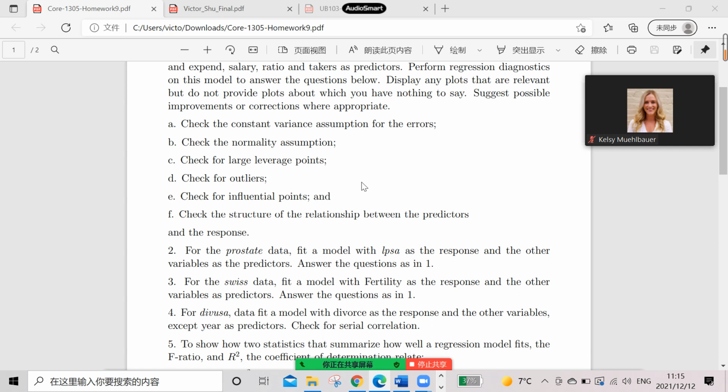There's also a problem about the t-test, but I find that a large portion of you didn't do the t-test by yourself, but instead put all the data in Minitab and the software generates the t for you. But in the exam, what you're likely to have as a question is that the professor will give you some parameters like the SSE, the SSR, and you have to calculate the t by yourself.